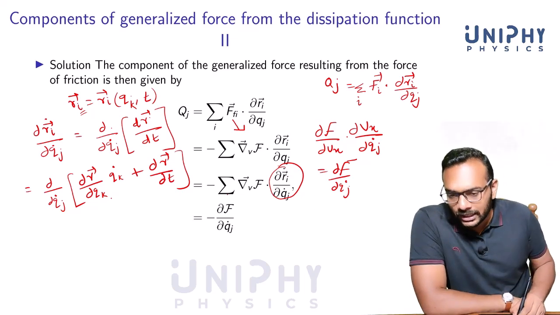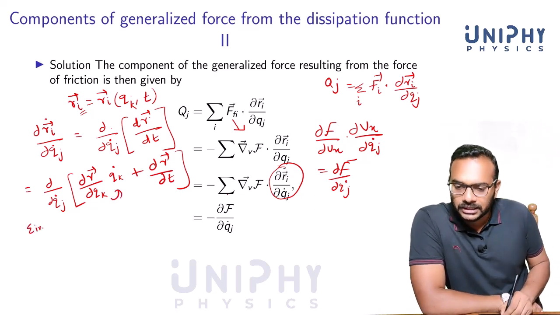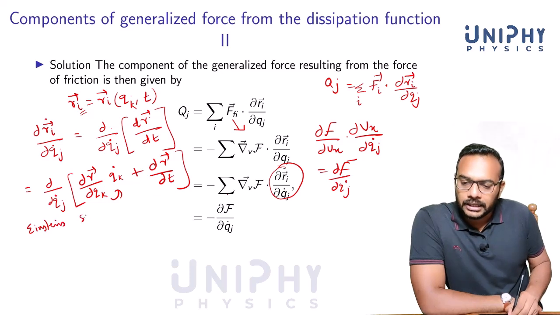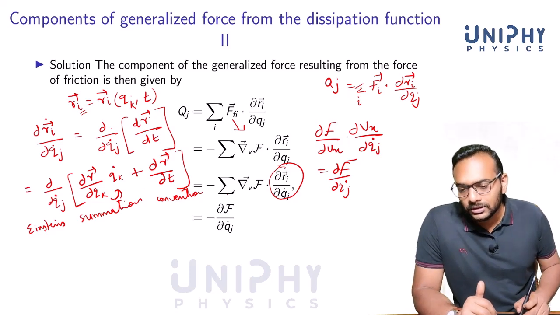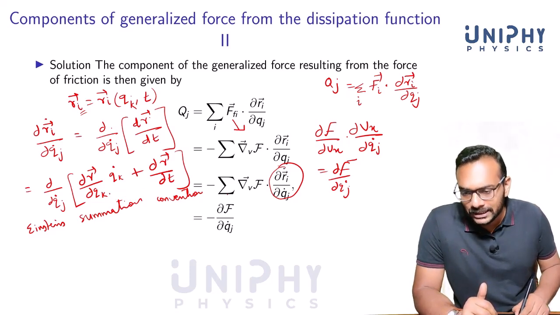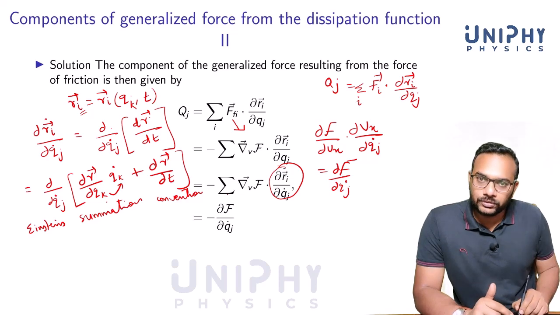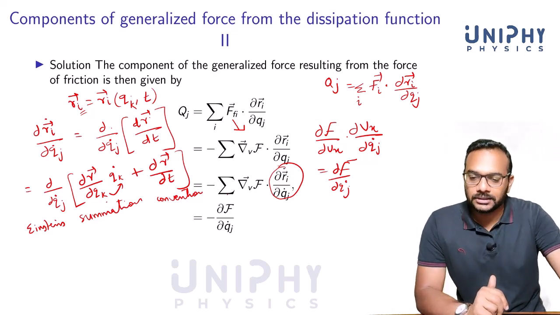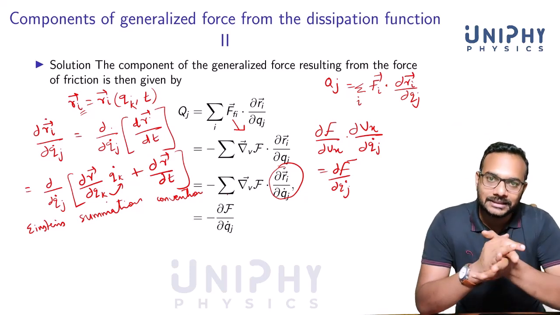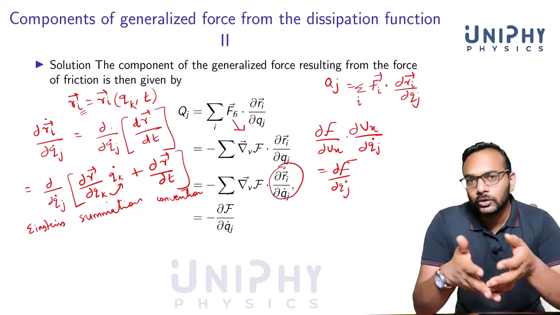Now here I am using what's known as the Einstein summation convention. We'll be using it very often, it simplifies things a lot. By Einstein summation convention we mean that repeated indices are summed over. Unless otherwise specified later on in our course, if there are two indices which get repeated, we assume that they are automatically summed over.